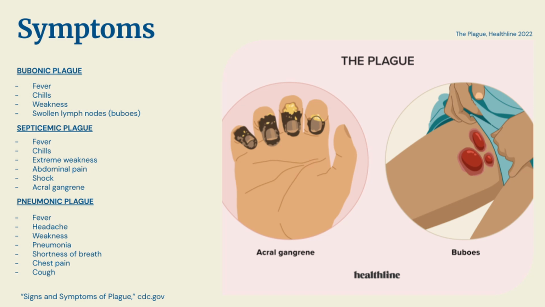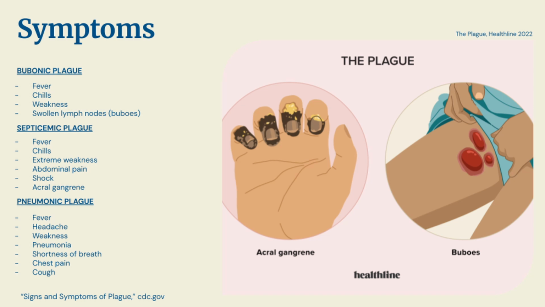And this is what you get if an infected flea bites you and regurgitates the Yersinia pestis into your system. It will go on to infect your lymph nodes. And the bubonic plague symptoms include fever, chills, weakness, and swollen lymph nodes called buboes, which you can see on this image on the right.